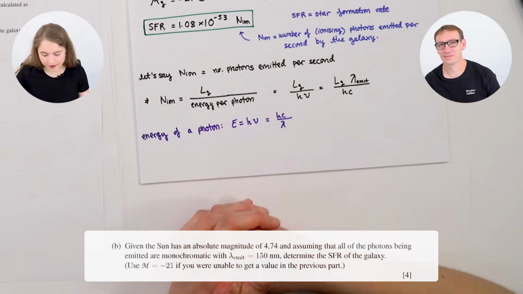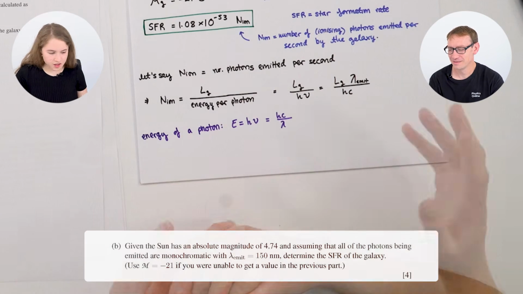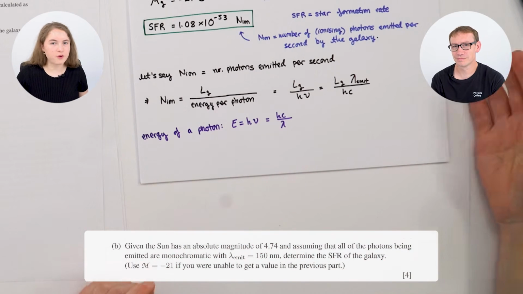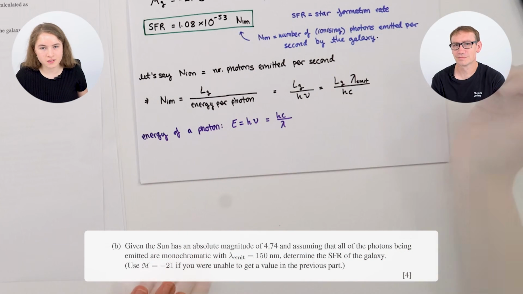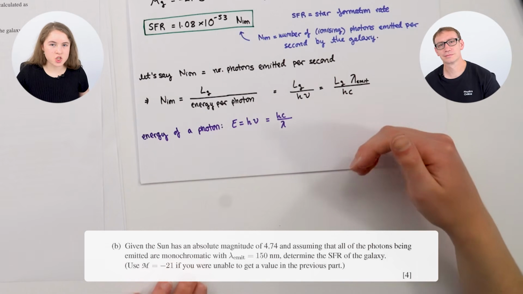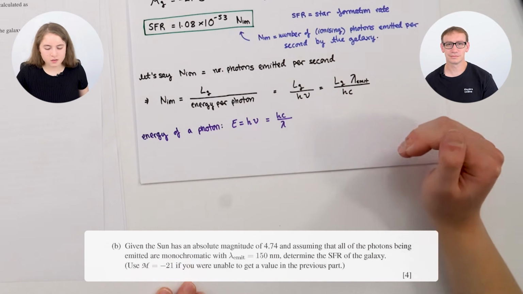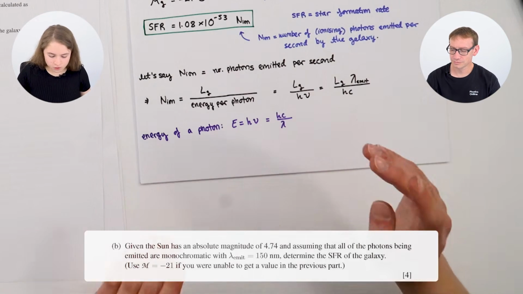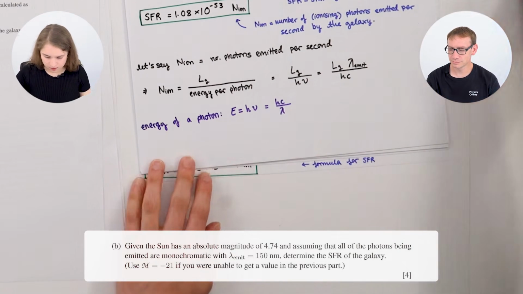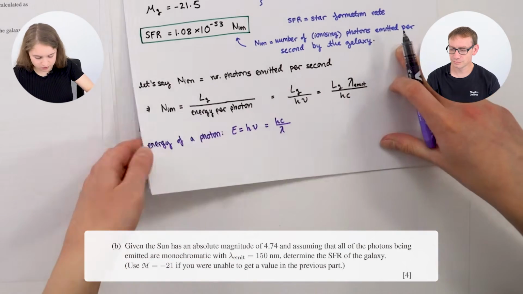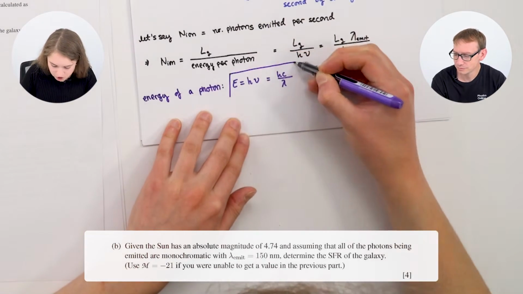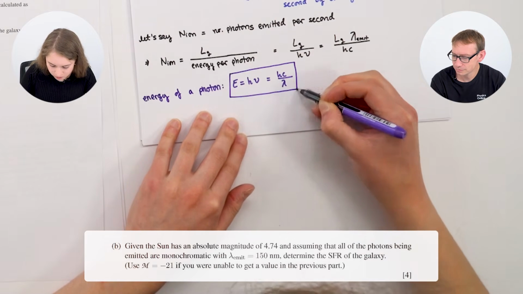To find the number of photons emitted per second, we're going to consider the luminosity of the galaxy, which is the total energy of all the photons being emitted by the galaxy per second. And we're going to divide that by the energy each photon has. And why have we thought to do this? Well, we know that the energy of a photon is given by this equation, which I assume you'll know from A level.